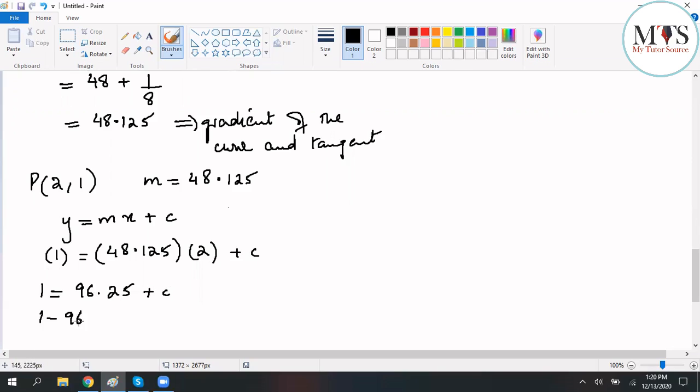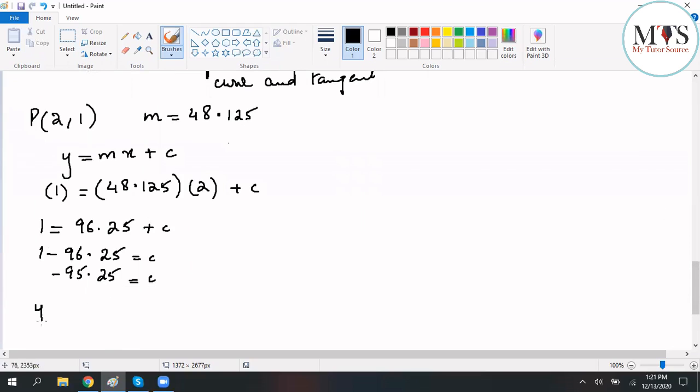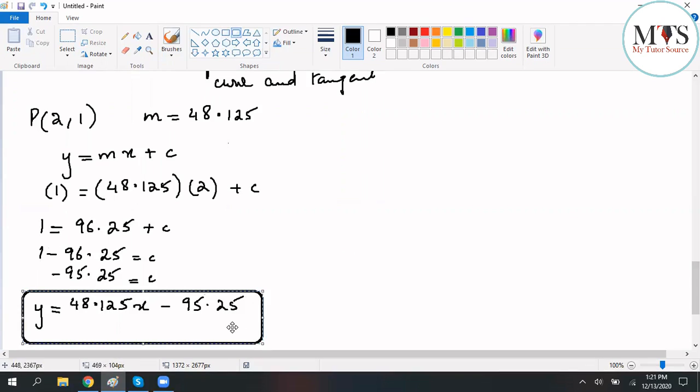Then 1 minus 96.25 equals c, which is minus 95.25, right? Okay. Now we put these values in the equation. m is 48.125, so y equals 48.125x minus 95.25. This is your equation of the tangent.